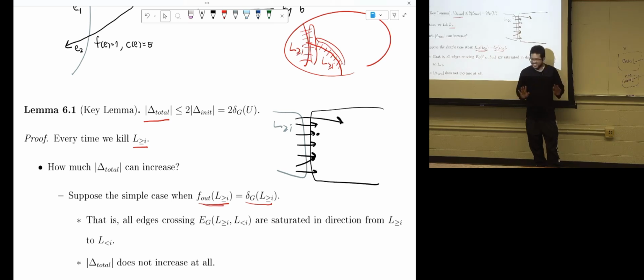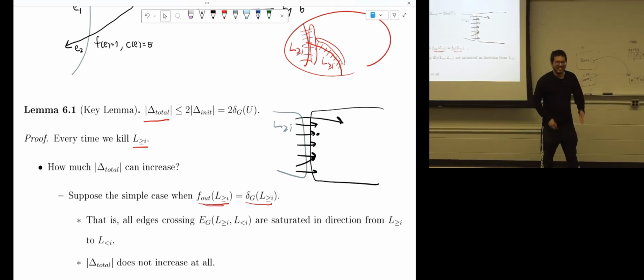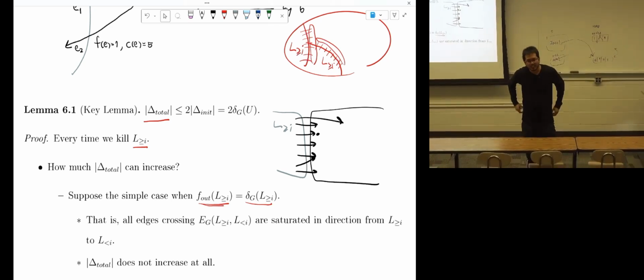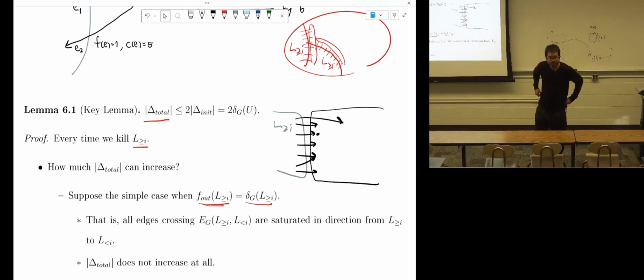Seems everyone is confused. So yeah, is it okay? Yes or no? Okay, ask a question. Yeah. So this is a case when all the edges are saturated.